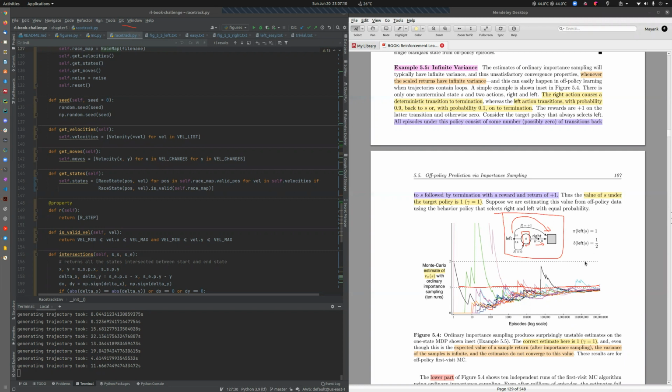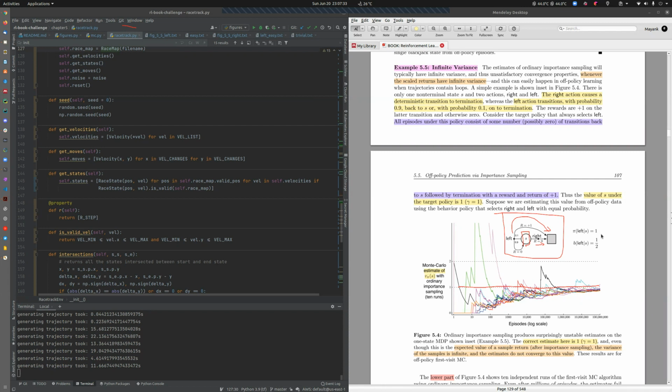As you can see from this graph, it's not converging to this line. And this is for the off-policy first-visit MC method that we had.